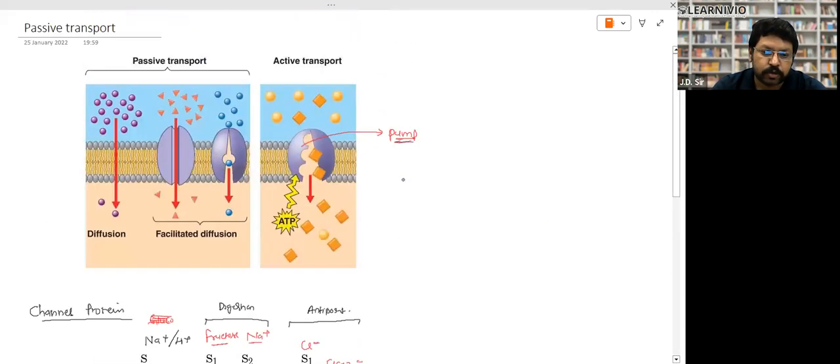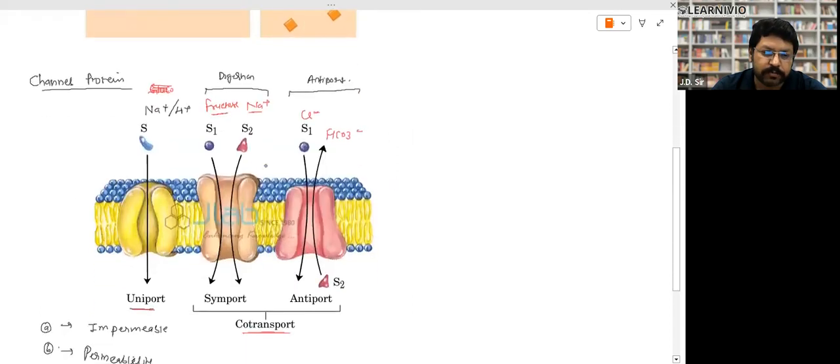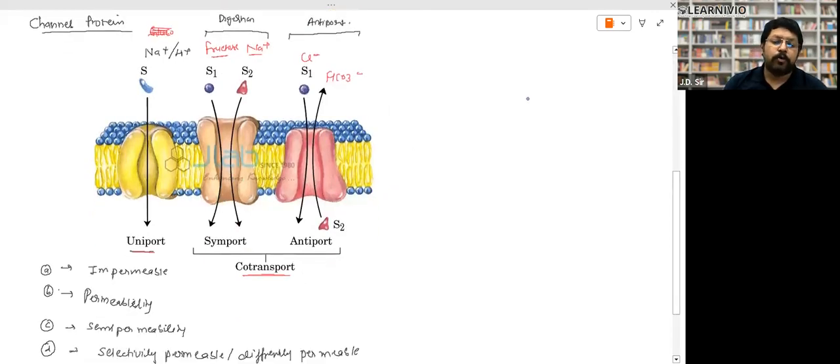Now channel proteins, the same thing I have tried to mention over here. Channel proteins can be of three types. Basically, they are of two types: uniport and co-transport. In a channel protein, when only one type of ion or one type of substance is transported at one time, this is called uniport.